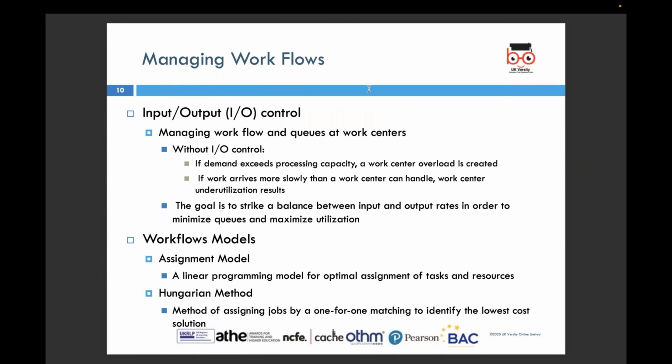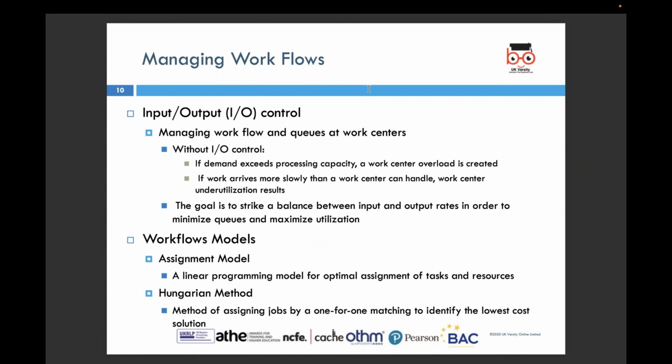If work arrives more slowly than a work center can handle, work center underutilization results. The goal is to strike a balance between input and output rates in order to minimize queues and maximize utilization.